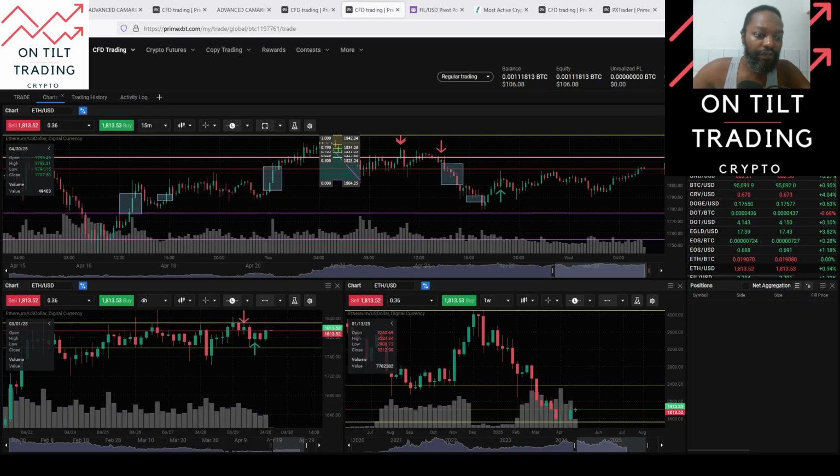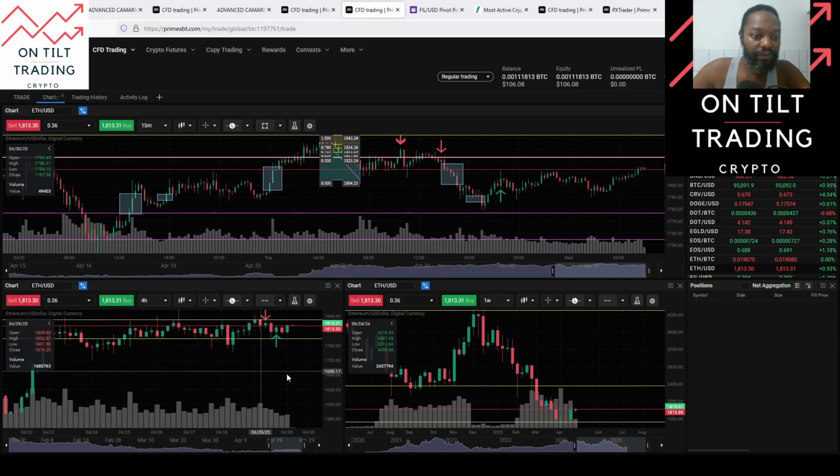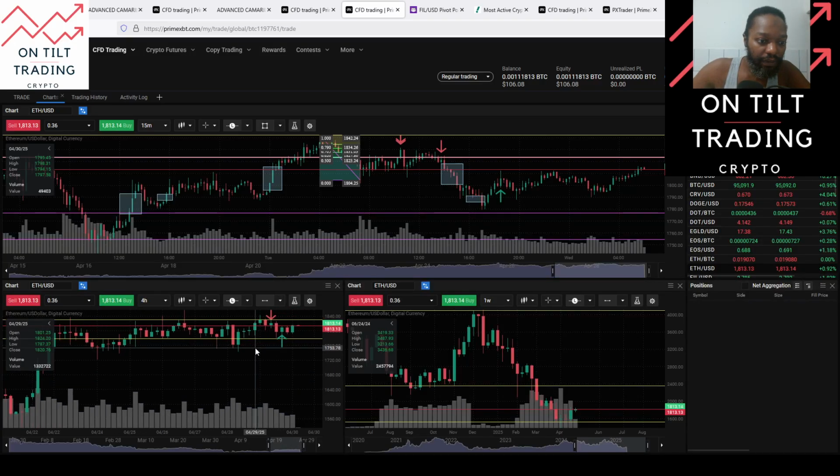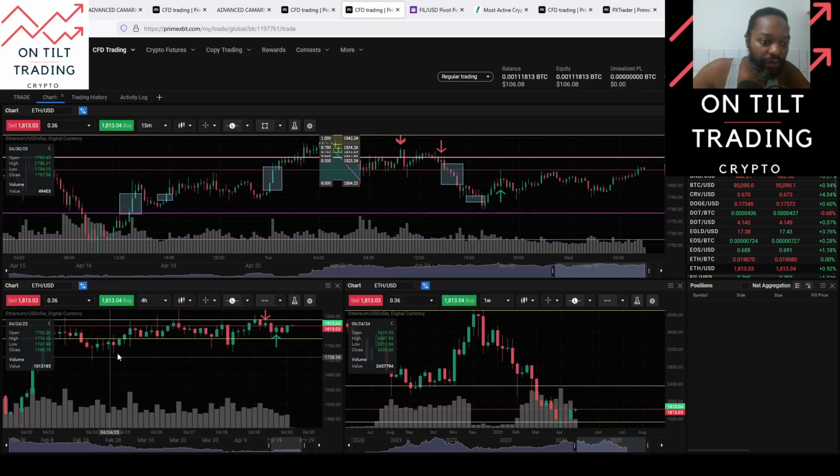Here on the 4-hour chart, we have the previous, let's walk this out. What is this? The high of this candle, 2664. What's the close of this candle?